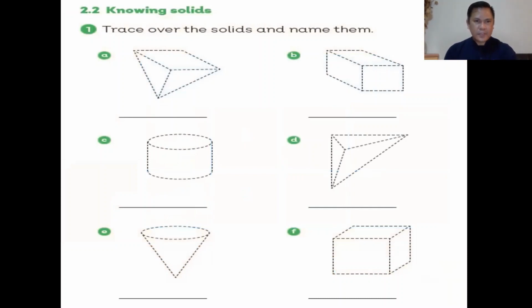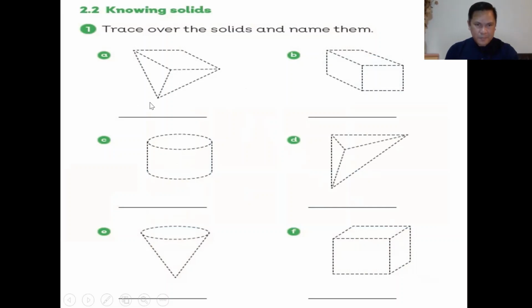Let's answer 2.2, knowing solids, and trace over the solids and name them. Letter A. What do you think this is? Do you remember the name of this solid shape?